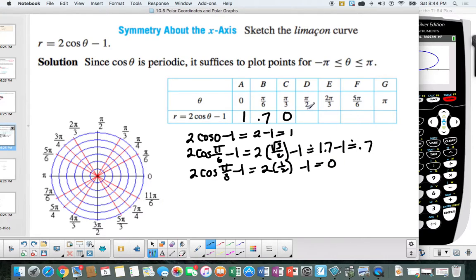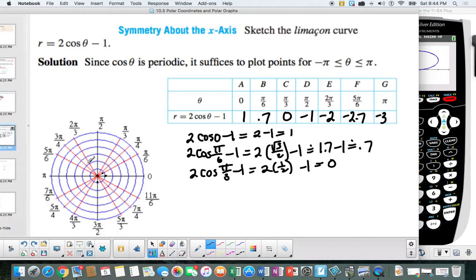So I'm just going to fill this out, but you saw how I go about doing it. Okay, and I'm going to go ahead and graph it. 0, 1, and pi 6, and then it's going to be 0.7, and pi thirds, 0, and pi halves, it's not going to be 1 but negative 1, so I go this opposite direction.